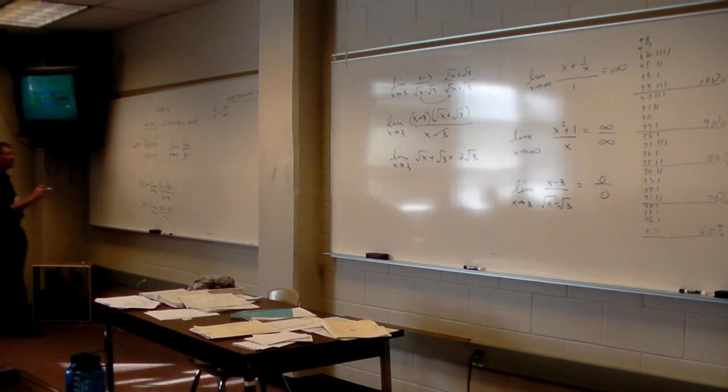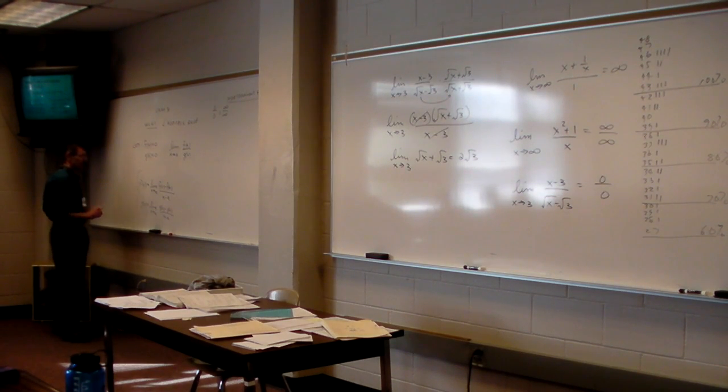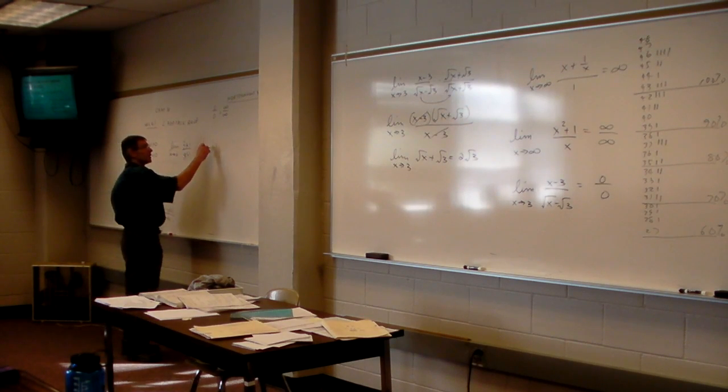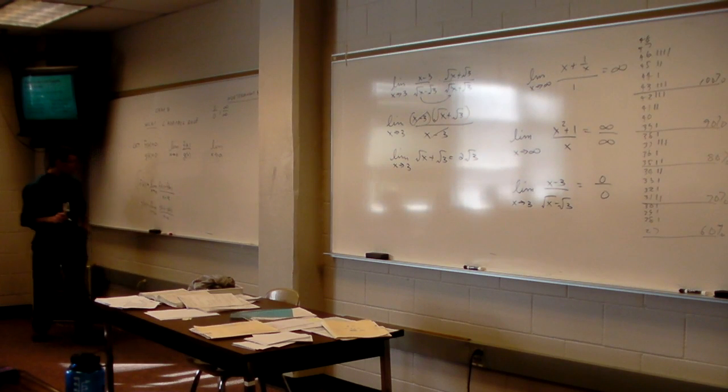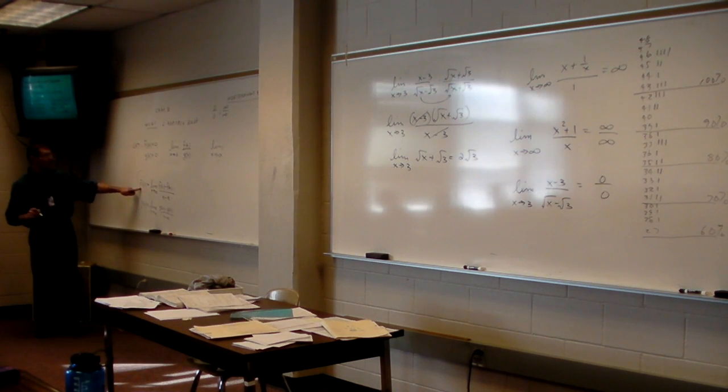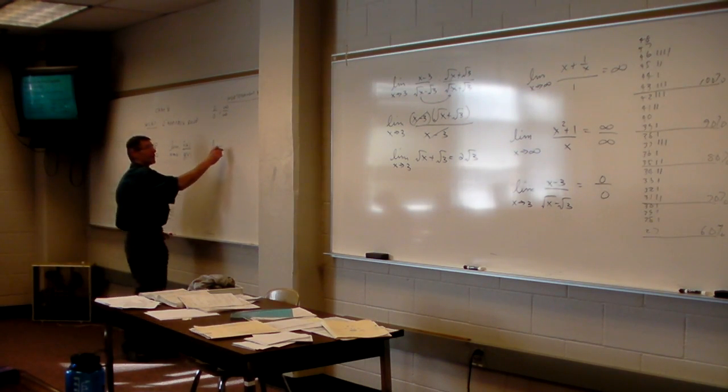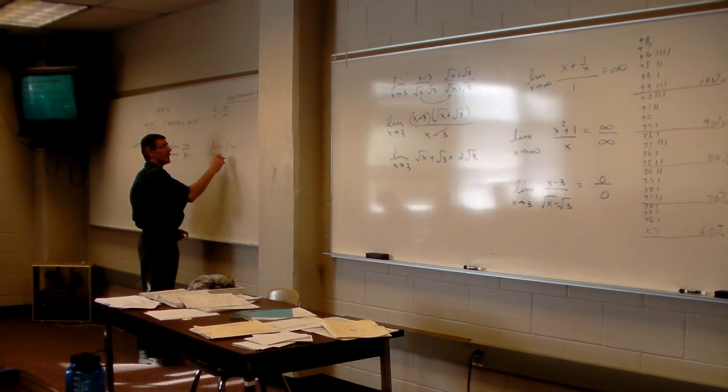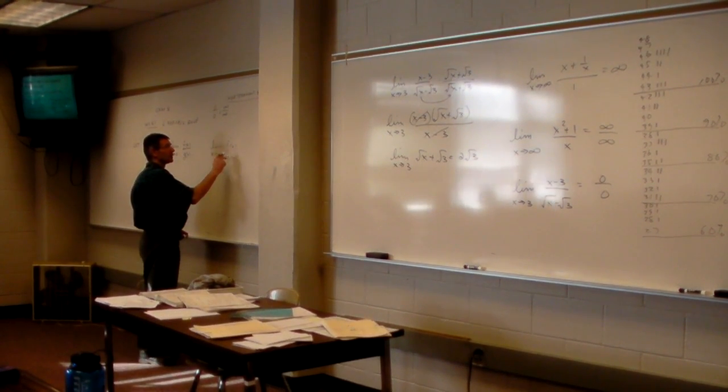So now let's put this information together, right here, and write the limit as x approaches a. I'm going to put f prime on top and g prime on the bottom.